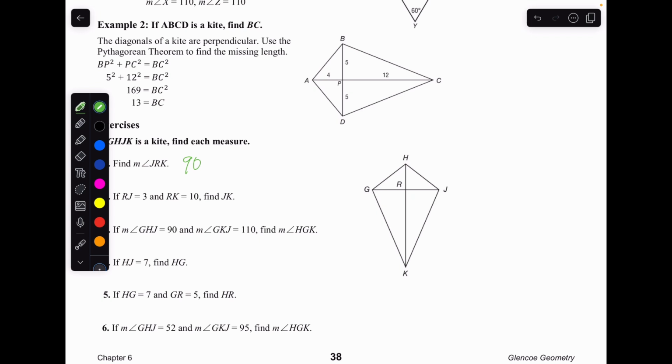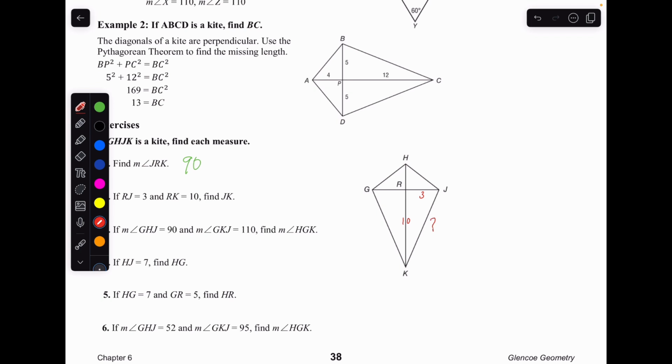The next one is, if RJ is 3, RJ, this one is 3, and RK is 10, find JK. So here's the question right there.